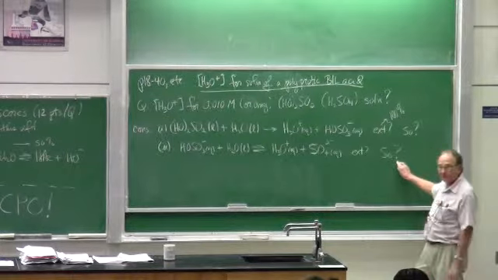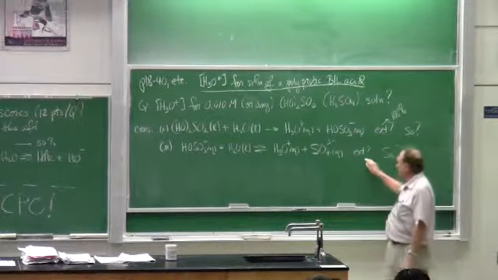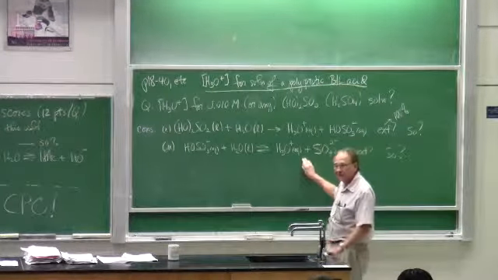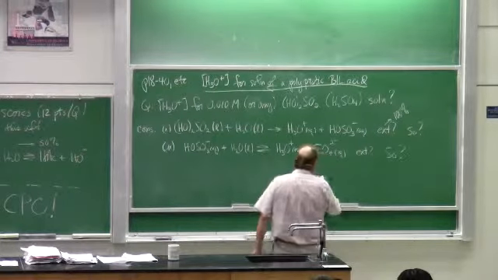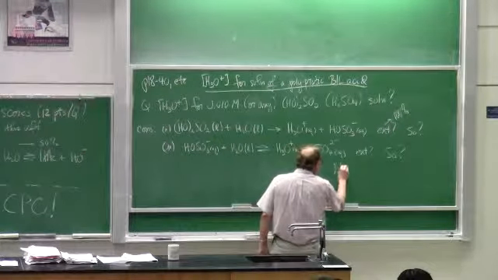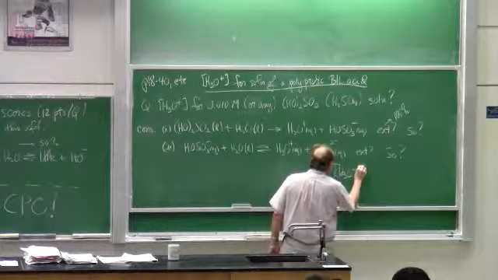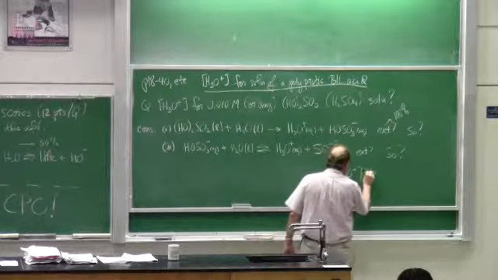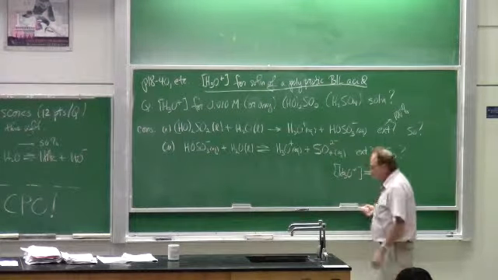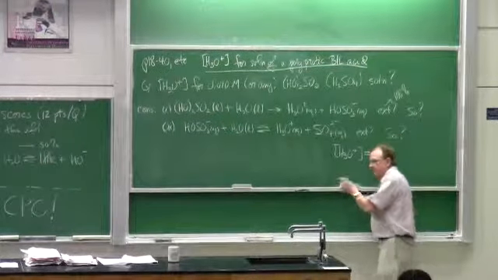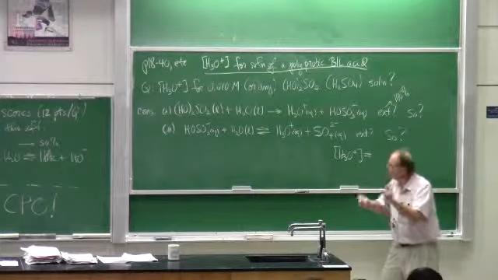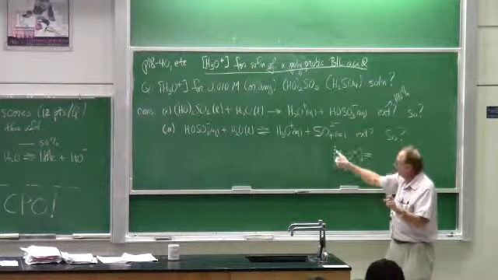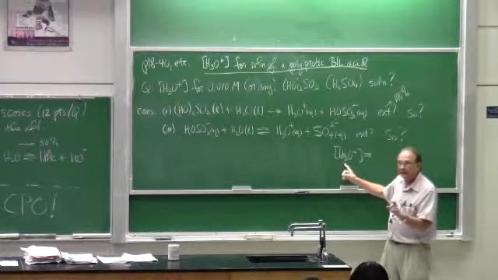So, what's the upshot of this? The upshot of having to pay attention to the second reaction. Here's the upshot. We said that in any sulfuric acid solution, because this reaction goes 100%, the hydronium ion concentration is at least what?